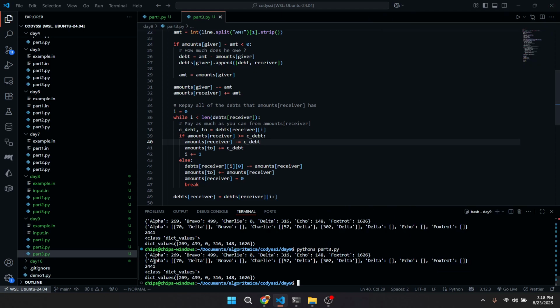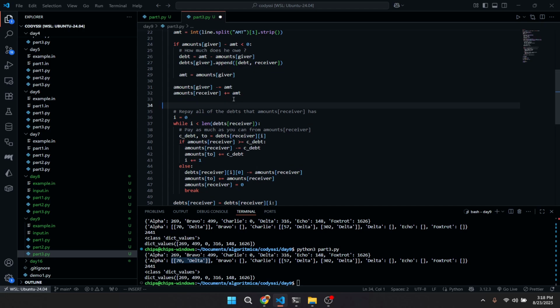Okay, I mean, this is the issue right here, but how do we end up here? So essentially Alpha ends up with a debt, and then he just doesn't repay the debt, right?